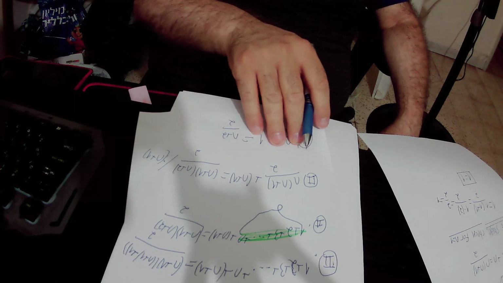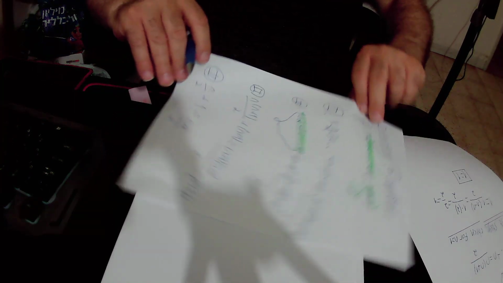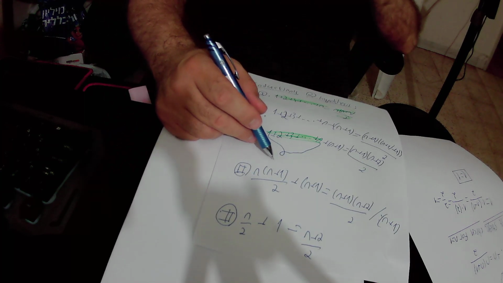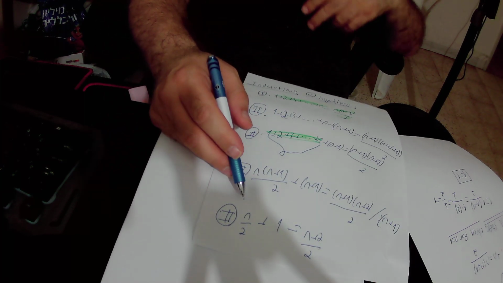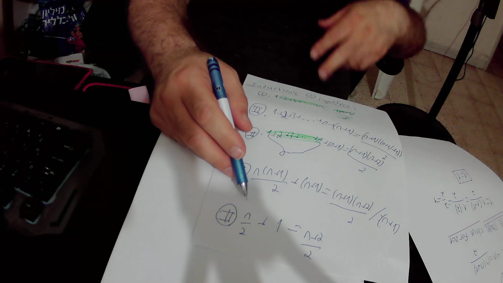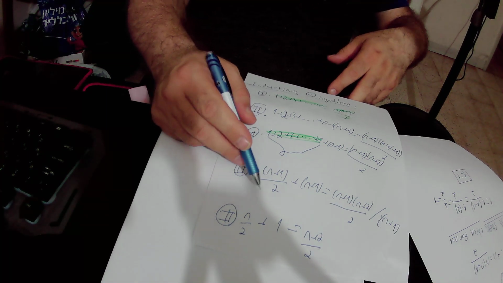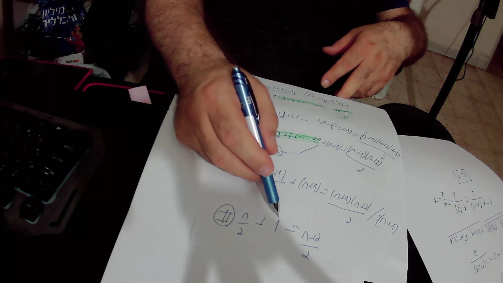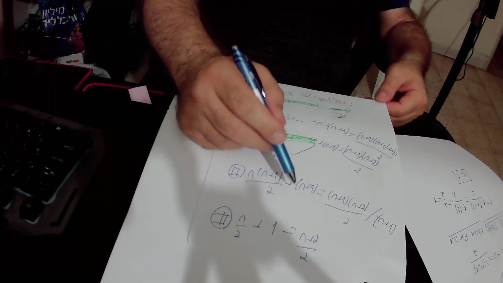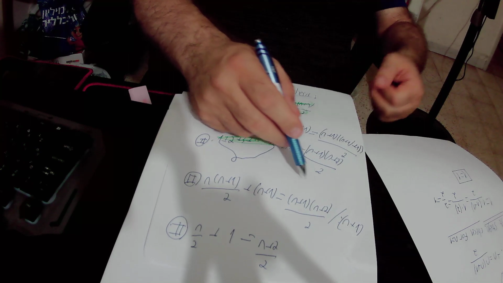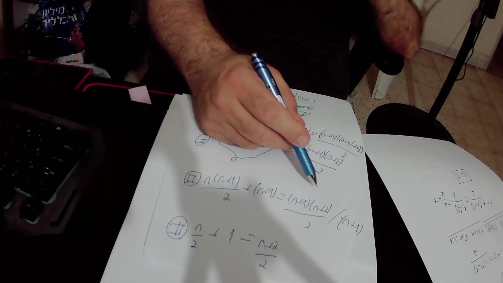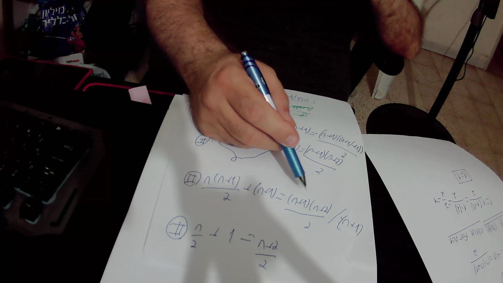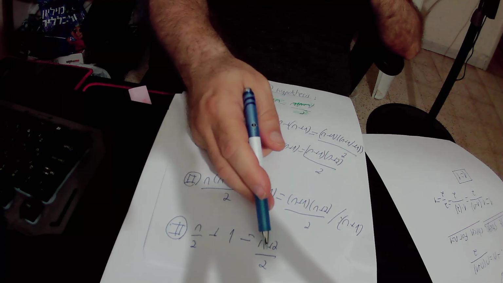So we'll repeat again. n times n plus 1 divided by n plus 1 is n, and we divide it by 2, and n plus 1 divided by n plus 1 is 1, and n plus 1 times n plus 2 divided by n plus 1 is n plus 2, and we divide it by 2.